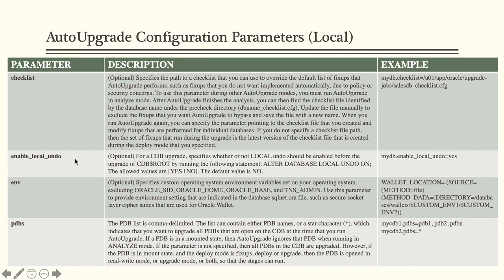Enable local undo. This is only required when you are upgrading a CDB. We are not upgrading a CDB in the demo, at least. So imagine you are running 12C release 2, 12.2, which itself is a CDB that consists of 3 pluggable databases, and you want to upgrade this to 19C. But pluggable databases also can have local undos.